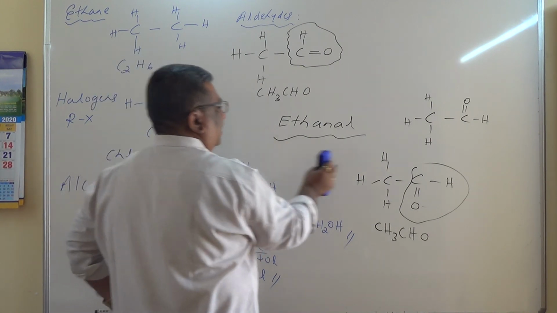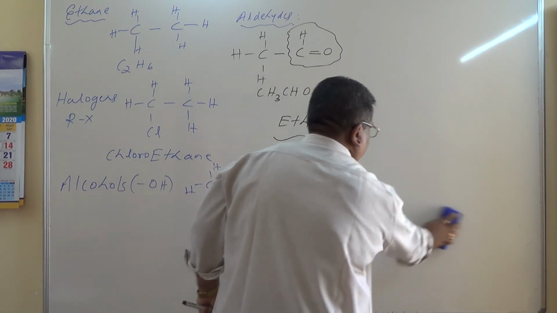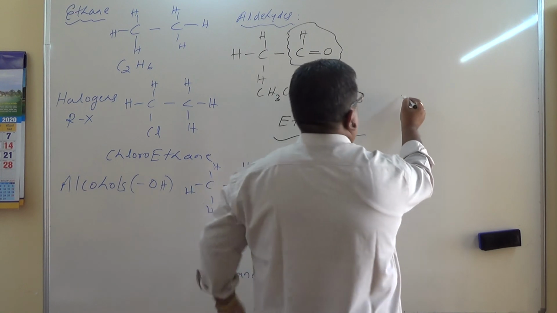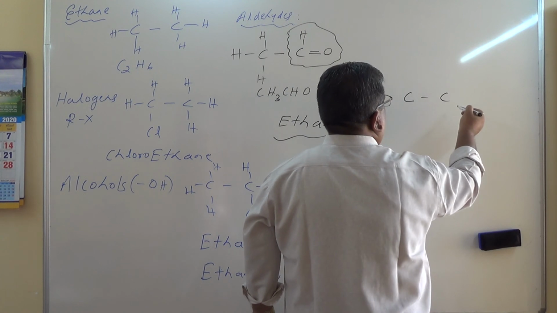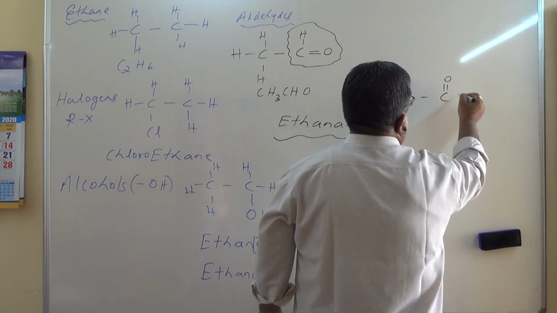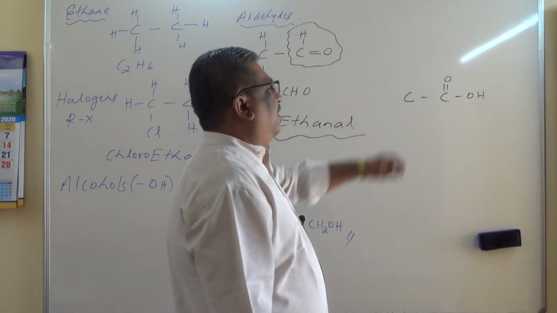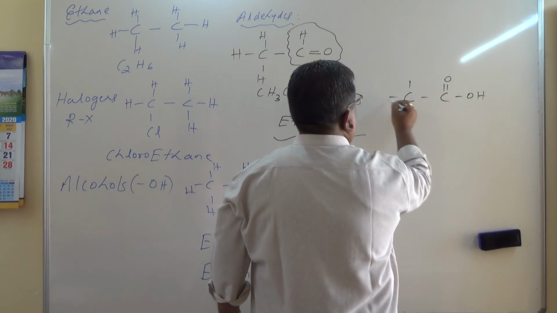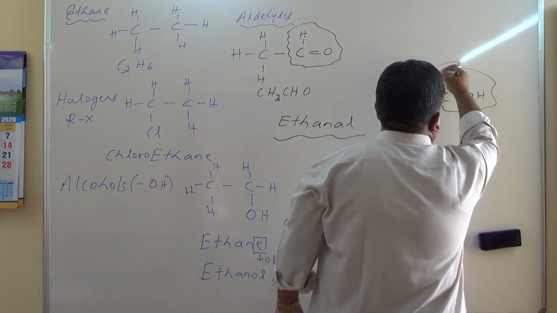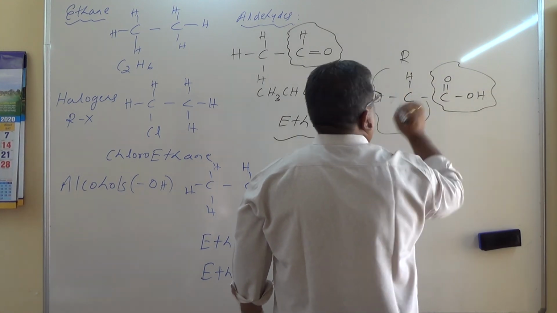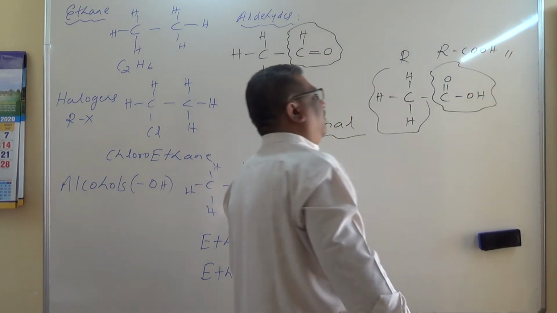Carboxylic acids, one more. Let us see, can we form a carboxylic acid with ethane? Okay, so 1 carbon, 2 carbon. What is the carboxylic acid functional group formula? Double bond O, OH. This is the formula. Balance the rest of the valencies, H, H, H. This group is COOH. This is the R group, methyl group, so this is R-COOH.